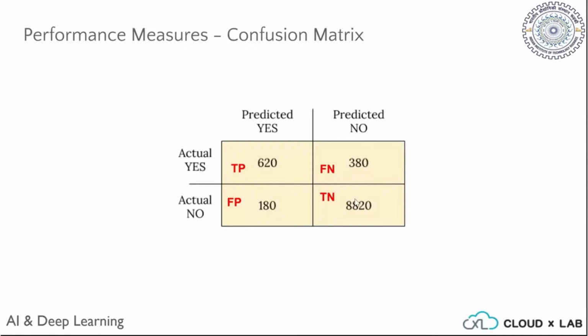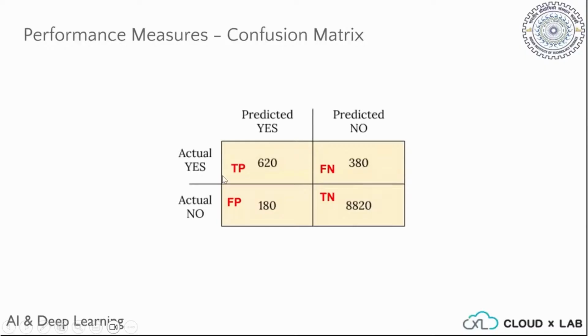And all these cases are mutually exclusive, which means if we have a sample in one category, the same sample cannot be in the other three categories. How many times is the model predicting the correct value? True positive or true negative times. So 620 plus 8820 times the model is predicting the correct output. Here the model is true, and here also the model is true.